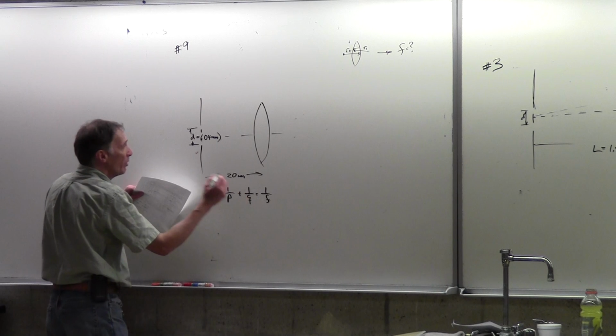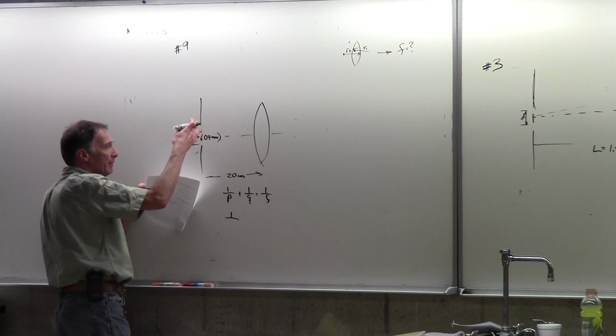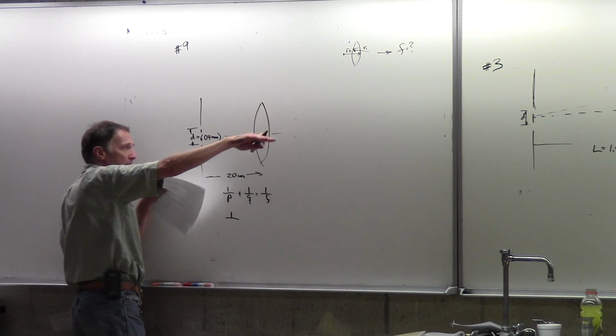We want to find where the image of that is. Now, the object is on the front side of the lens. The light's coming from the slits this direction.